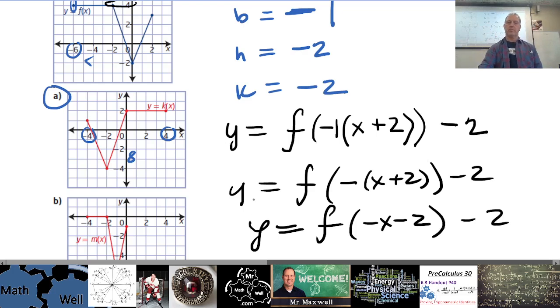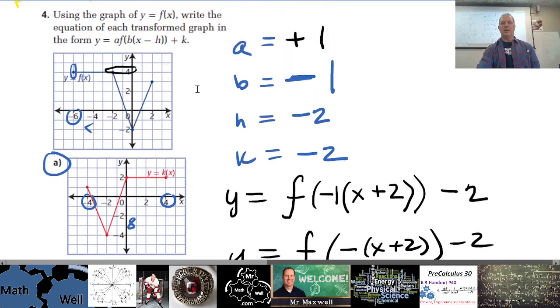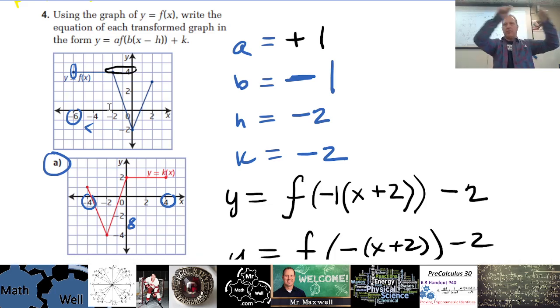So if we were to try and plug those equations in to graph it, how would we put F in? Yeah, so the reason why the original graph is just f of x is that this is not an easily defined graph. It's kind of a weird shape. It's got an ending. So this is like a piecewise function. It's got a portion of a line here, a portion of a line here, a portion of a line here, kind of stuck together. So you wouldn't be able to test this out on the graphing calculator very easily.